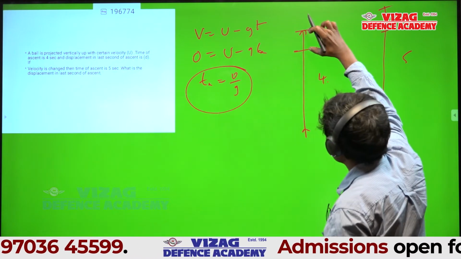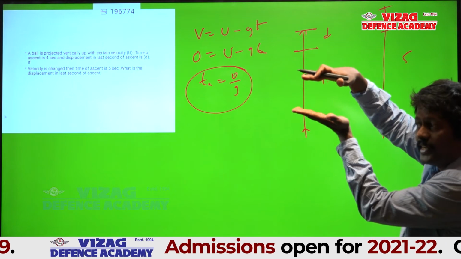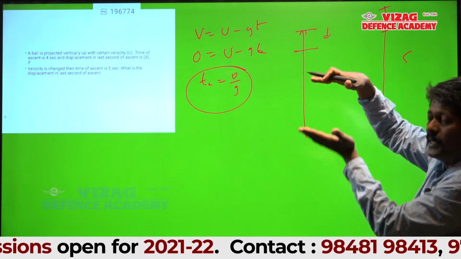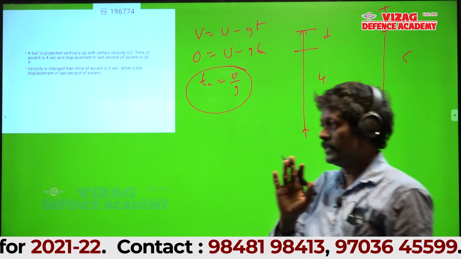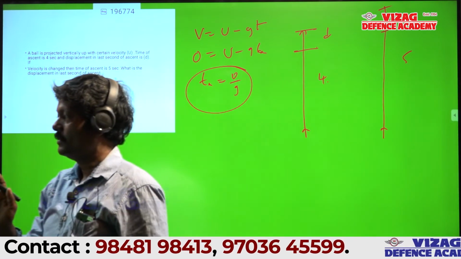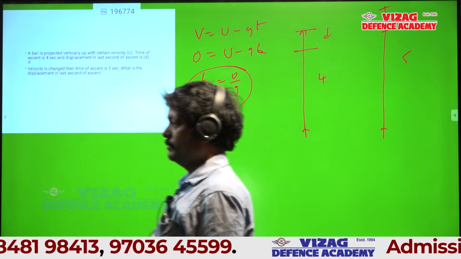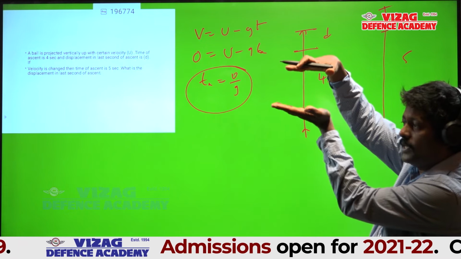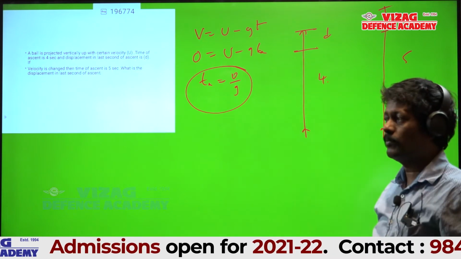Now the first case. In the last second, a particular second, the displacement is d. The particular second formula, they only should tell me. Kaushik, tell me.